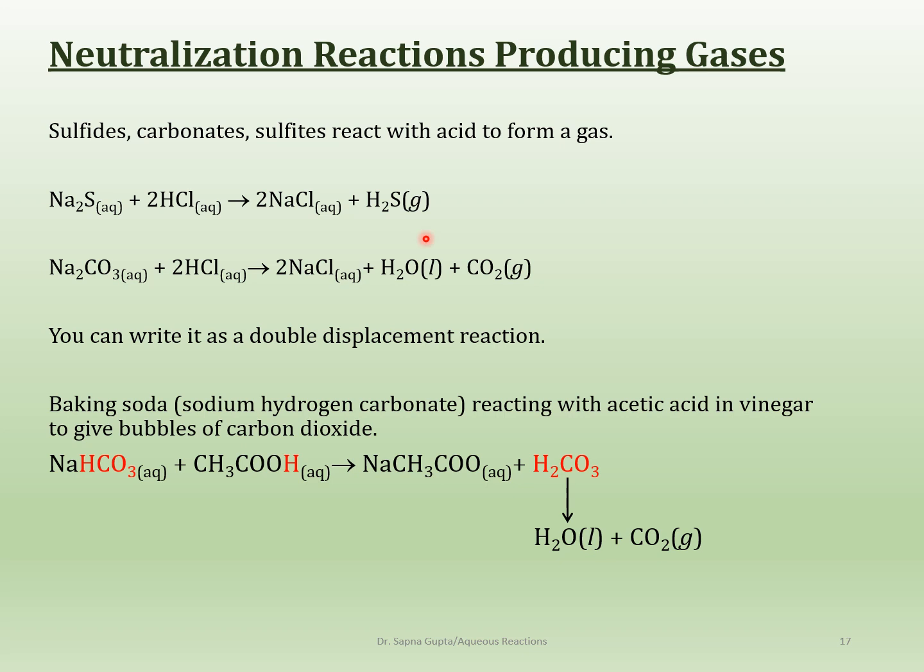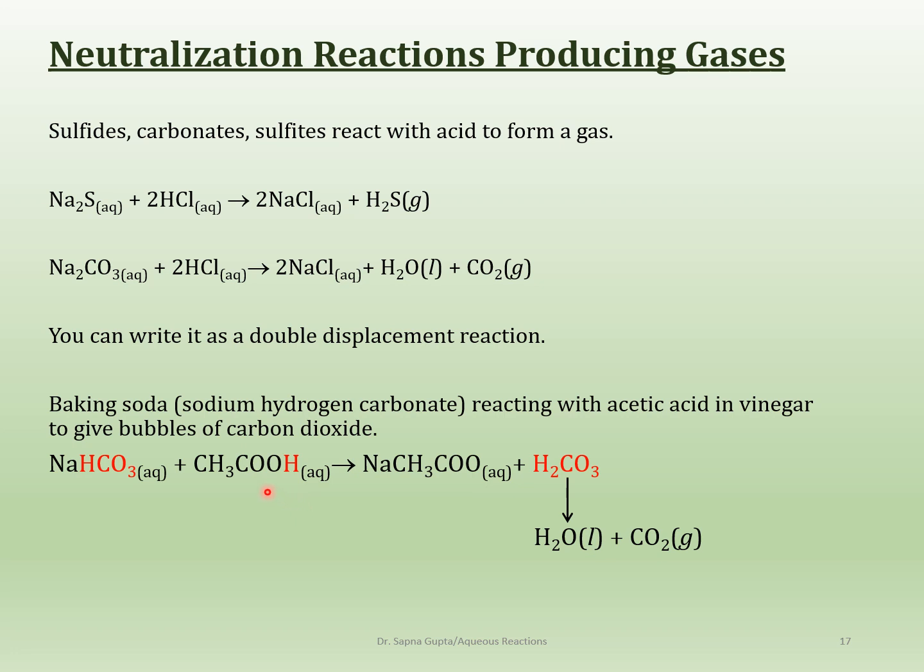H2S is hydrogen sulfide. When you mix sodium carbonate with hydrochloric acid, you end up getting carbon dioxide as a gas. One of the things that you have probably done at some point is baking soda and vinegar to make maybe a volcano.